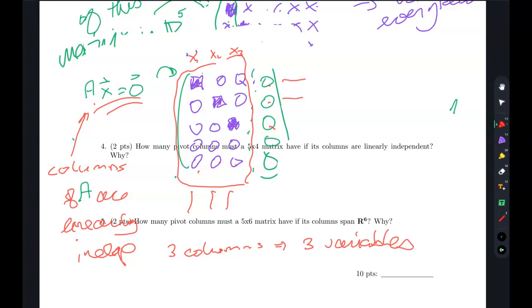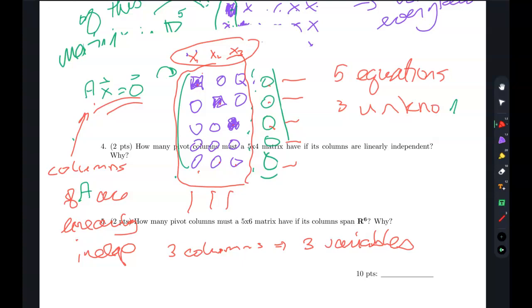This is giving me 1, 2, 3, 4, 5 equations and 3 unknowns. It's kind of overkill, right? If I have 3 unknowns and 3 equations, I could do it. So 5 equations and 3 unknowns is overkill. This means that these 2 were just extra information.